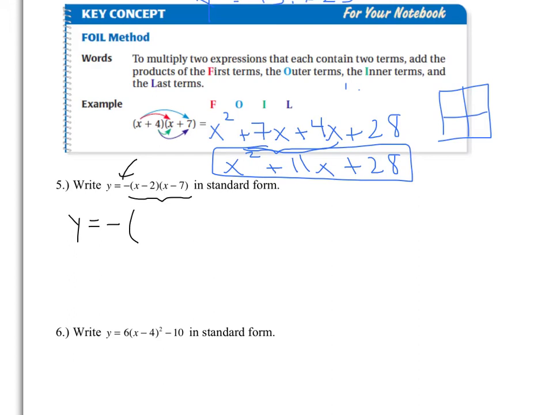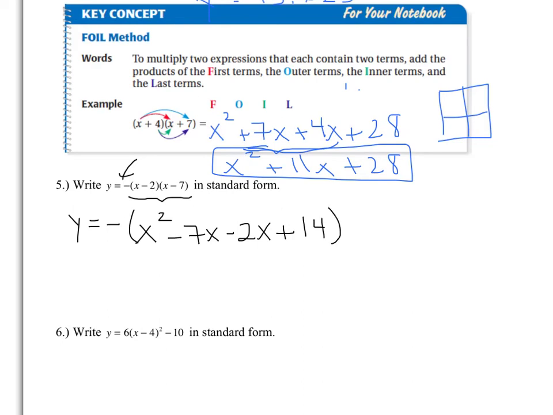And then when I multiply my first terms, that's your x times x, I'm going to get x squared. And then my outer terms in this case are x and negative 7. That's negative 7x. My inner terms are negative 2 times x. And then my last terms are negative 2 times negative 7, so that's positive 14.